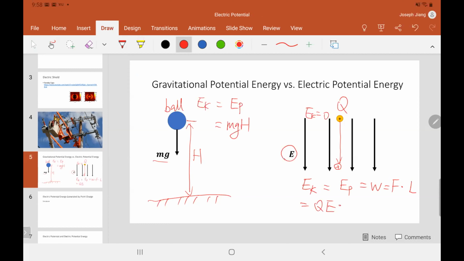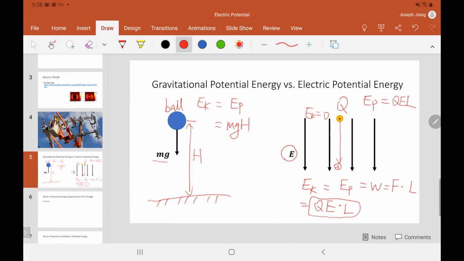Then this times the distance. This is the work the electric field does on this charge. So we say the electric potential energy equals the charge times the electric field times the distance.